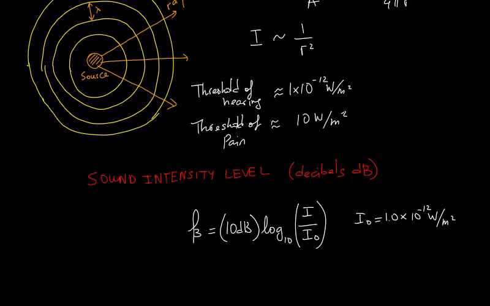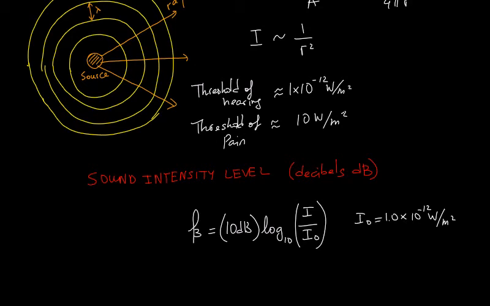It's very important for you to learn that decibel is not a unit. Sound intensity level is a unitless quantity. The decibel is named after the inventor of the telephone, Alexander Graham Bell.